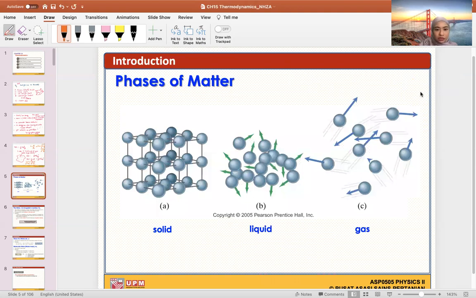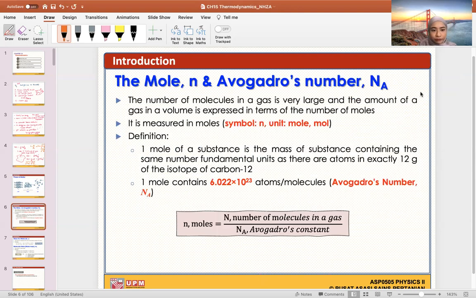Okay, so phases of matter, solid, liquid, gas, you know this already. Mole, N, and Avogadro's number, we also talked about this already. The unit is mole. Okay, so NA is the Avogadro constant, 6.022 times 10 to the 23 atoms or molecules per mole.